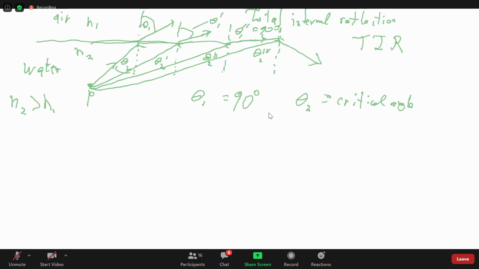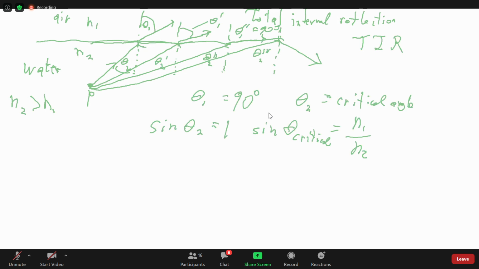So what is the critical angle for total internal reflection? It occurs at 90 degrees. So sine theta 2 is equal to 1. So sine theta critical is equal to N1 over N2.